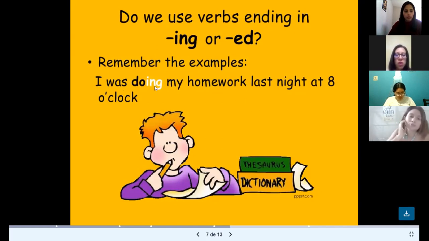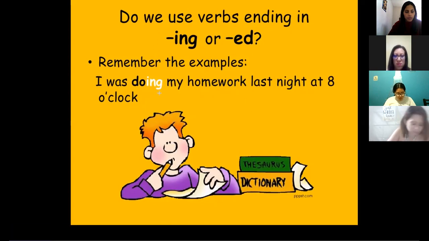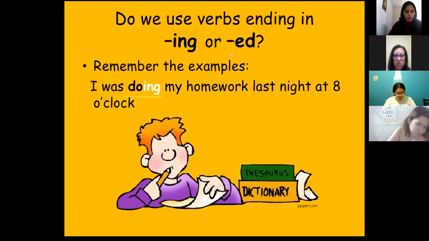I was doing my homework last night at 8 o'clock. Yes, thanks a lot. Very good. So the verbs are with ing, and what else do we need besides a verb in ing, everybody? What else do we need?